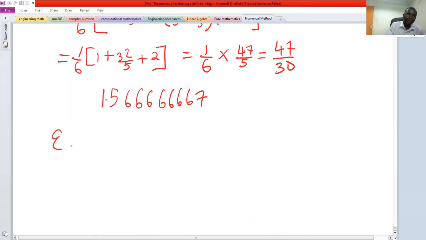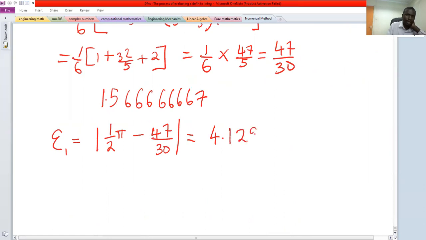So the error in this calculation will be given by the correct value, a half pi, minus this value 47 over 30, and this gives you 4.129660128 times 10 raised to the power negative 3.